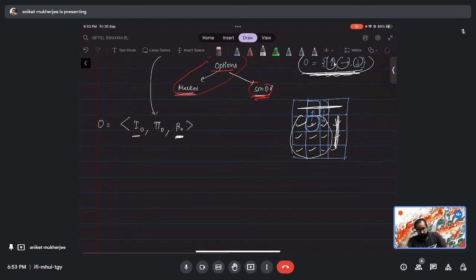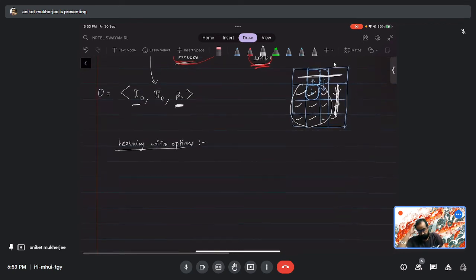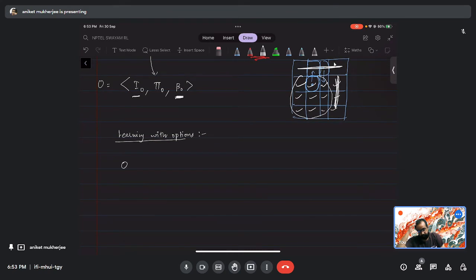Okay, so, learning with options. Basically you are updating Q of S. Instead of actions, now you have options. Once you start at state S, you have to update with option O. So now you have pi O, which takes actions A1, A2, and so on till AN.